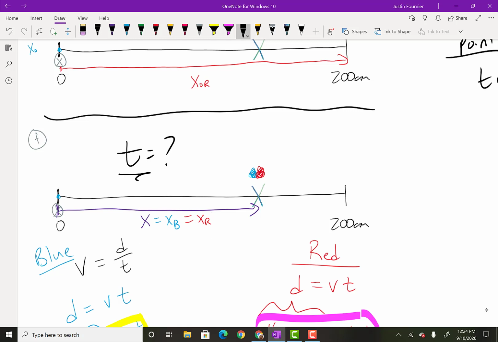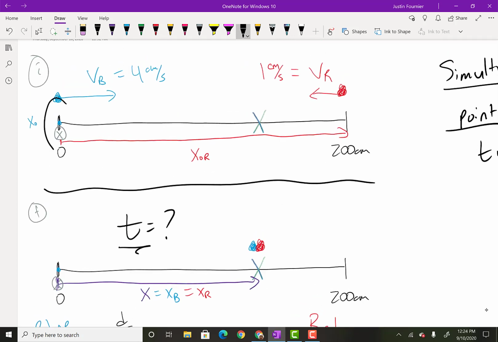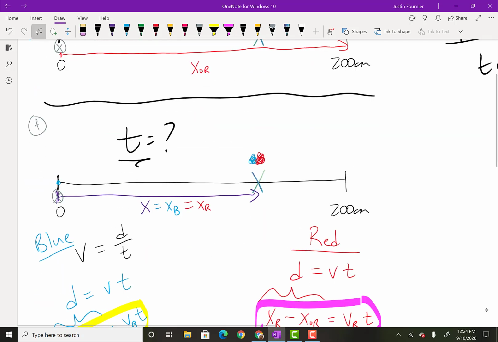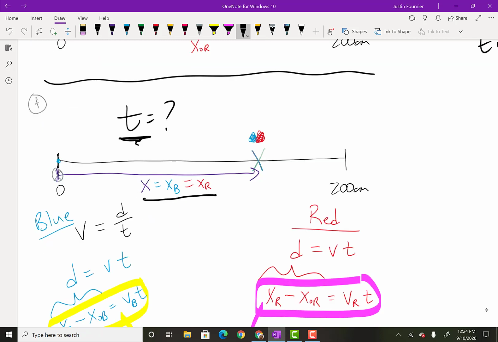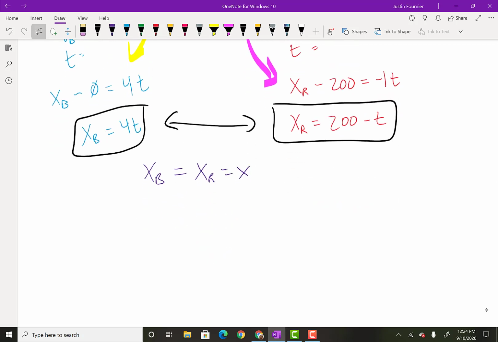So the time that they meet is going to be the same. So if I started a stopwatch here and here, at the same moment, when they crash, they're going to crash at the same time. So they're at the same position at the same time. So in other words, if I know that the final position of B is equal to the final position of R, I'm just going to call it the final position x, just to make things easier on myself.